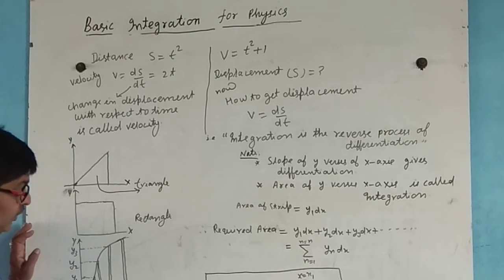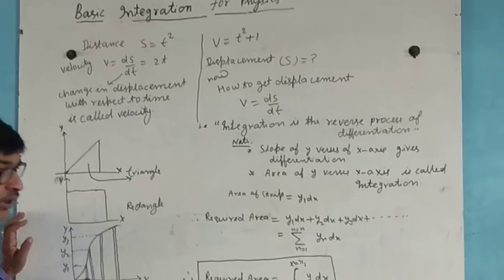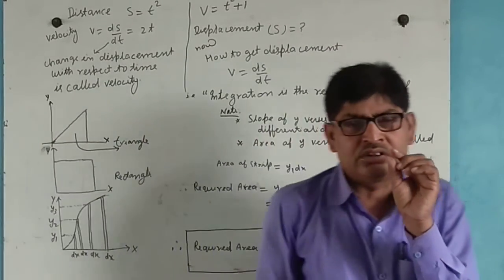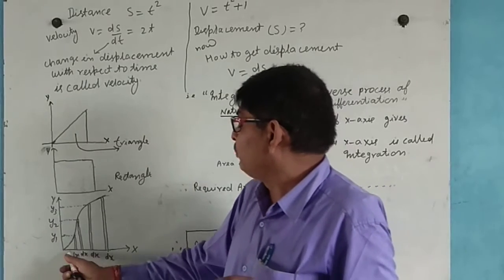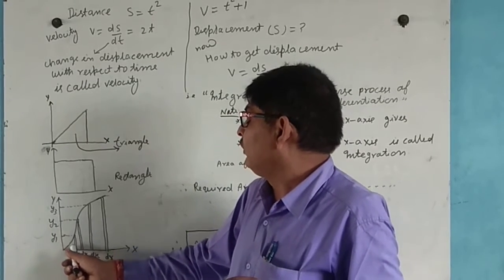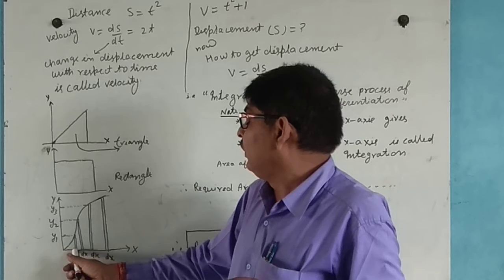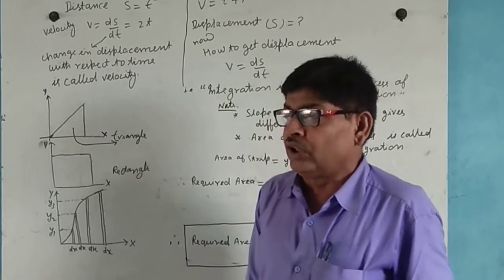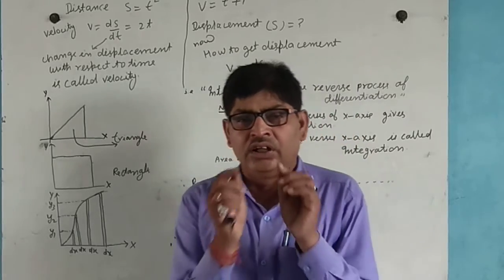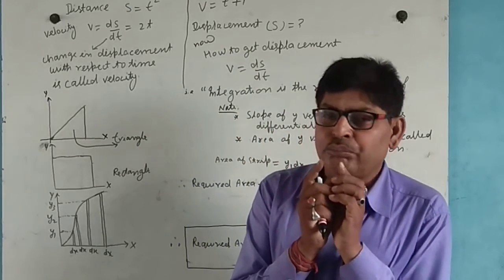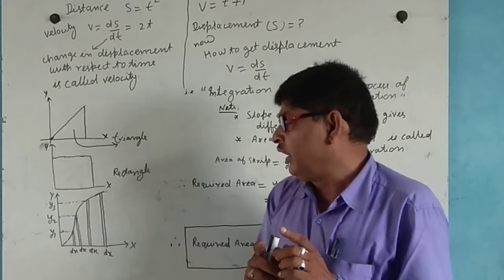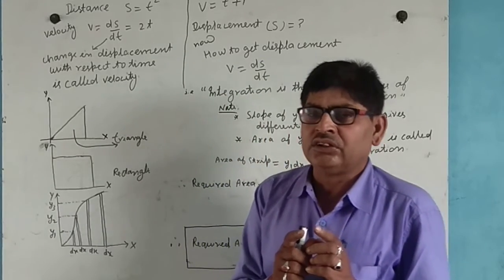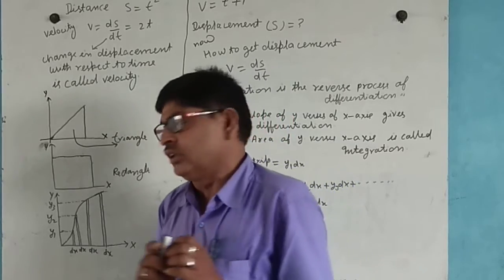Here we divide it into very small strips. The first strip is y1, and so on. These are all small, so we divide the area into small parts, strips, and if we sum them, then we get the integration of the function.